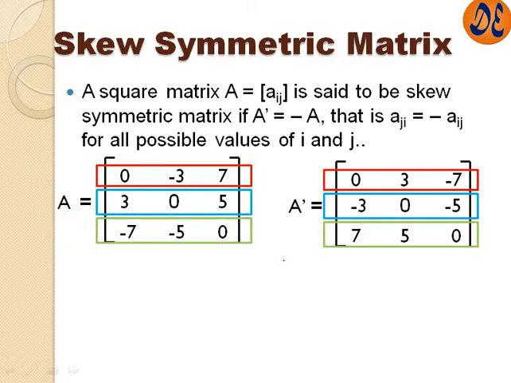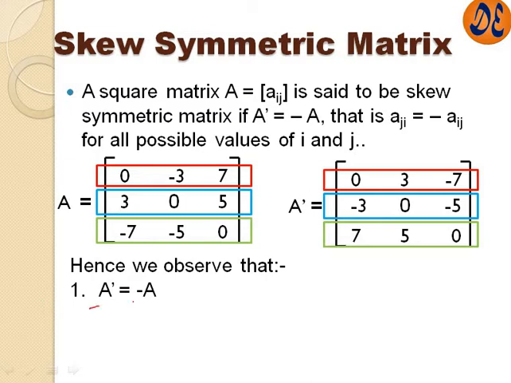You can check over here. That means A is equal to minus A transpose, or we can say minus A is equal to transpose of A. So what we have observed is that the transpose of A is equal to negative A.